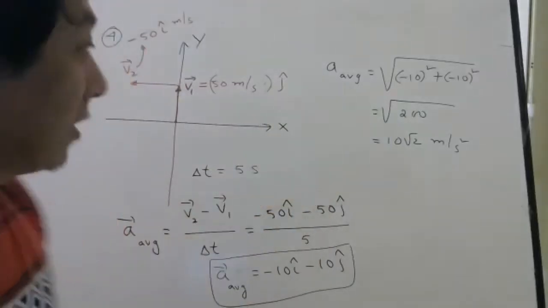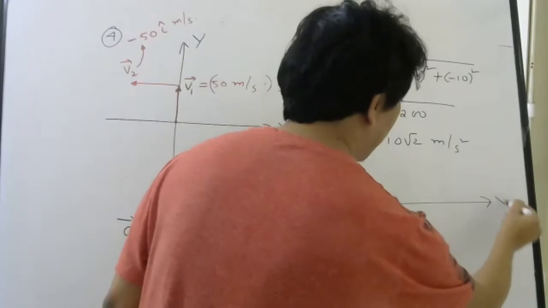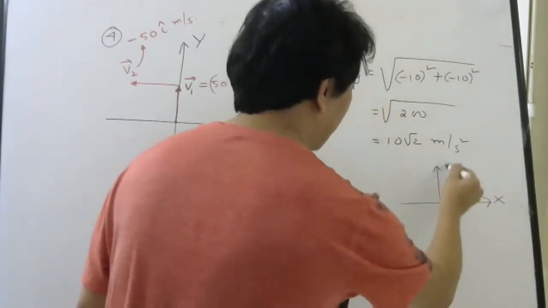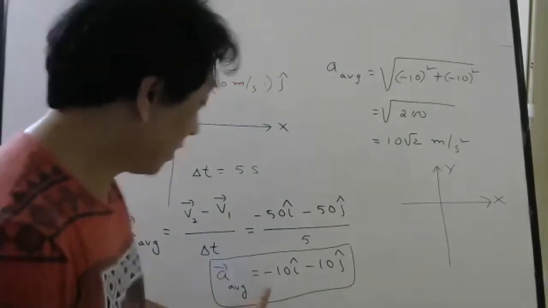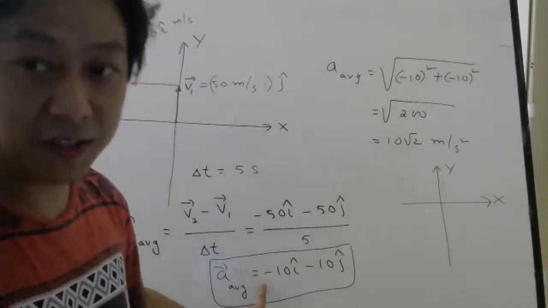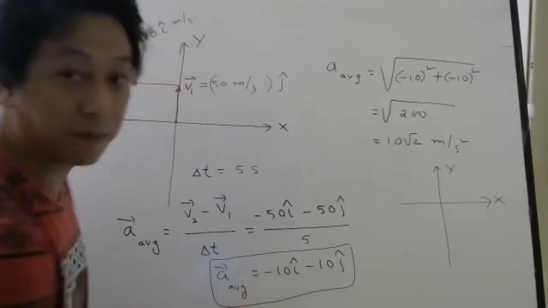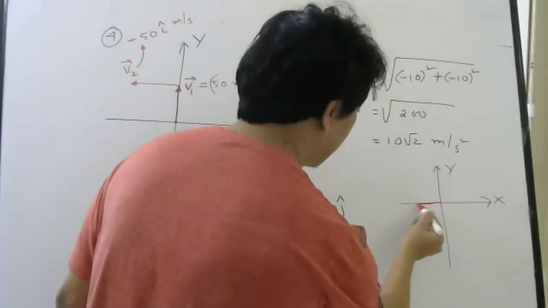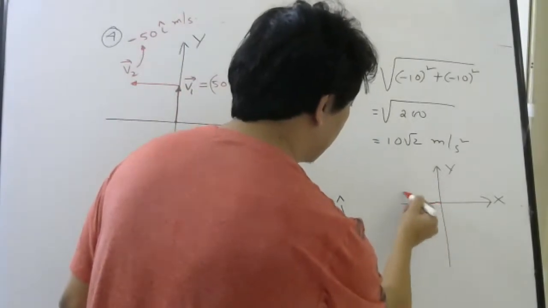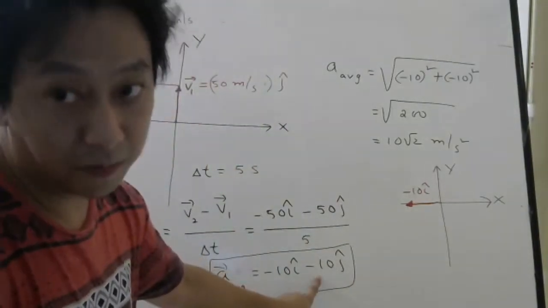Once you have found the magnitude, direction also they told. So for direction, you can just draw a picture. This is x, this is y. Now look at the average acceleration. X component is minus 10 I cap, which side? This side. So x component is this side. Y component is also minus 10 J cap.